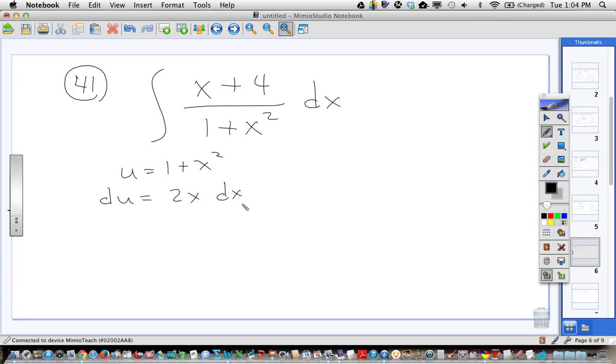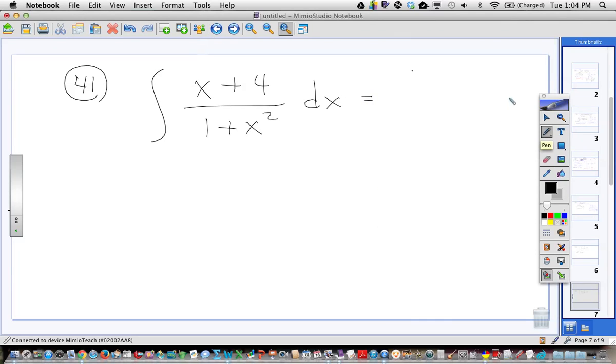That is the key. When you said separate it, I remember we can never separate a bottom, but we can separate the top. And what we're seeing here is we'd love to have an x dx. Well, we can get an x dx because we can separate this problem into two, and that's exactly what you have to do on this one.